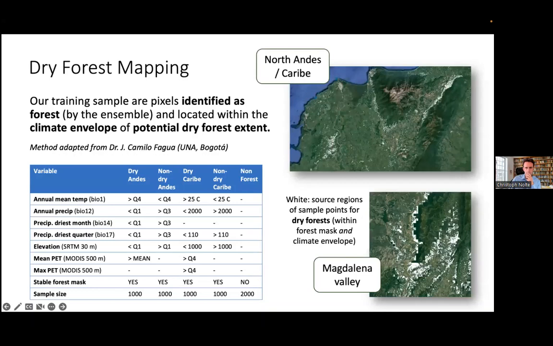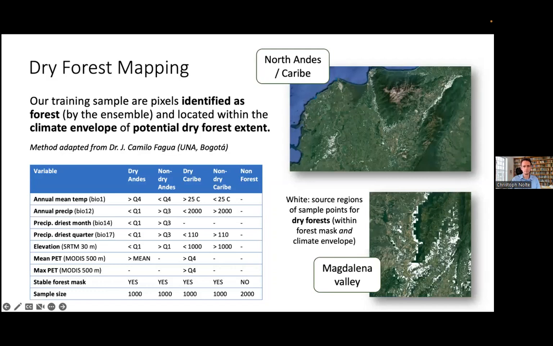So to give just one example of what I mean by distinguishing with further detail real important forest type classes, dry forests in Colombia are one of the most critically threatened and ecologically sensitive ecosystems in the world. And so there's a lot of interest in being able to map them, and also map changes through time in dry forests.